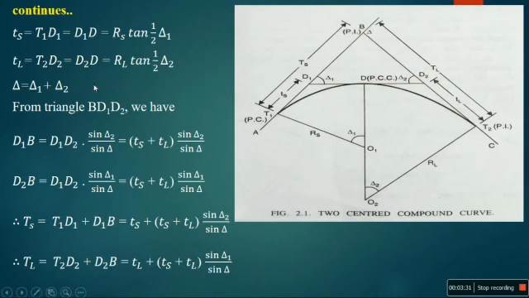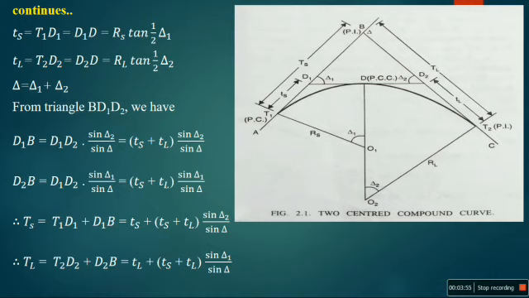For finding ts, just assume that this is the back tangent and this is the forward tangent for this curve. In general, the formula is R tan delta by 2.